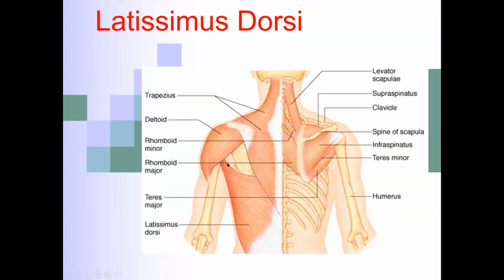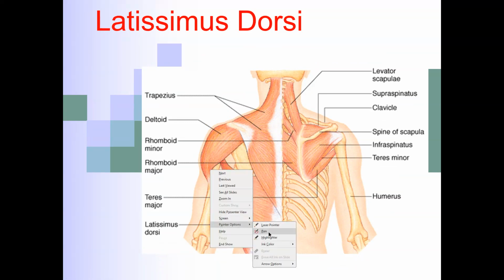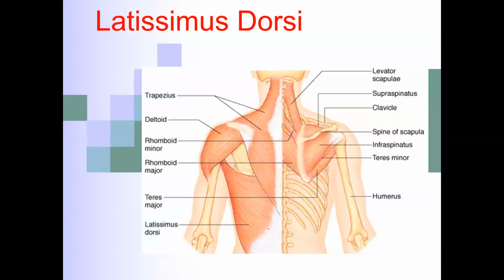Then now we have the latissimus dorsi, or if you do gym stuff, you'll hear them talk about the lats, right? This is the muscle they refer to as the lats, latissimus dorsi. As you can see here, this is a significantly large back muscle.